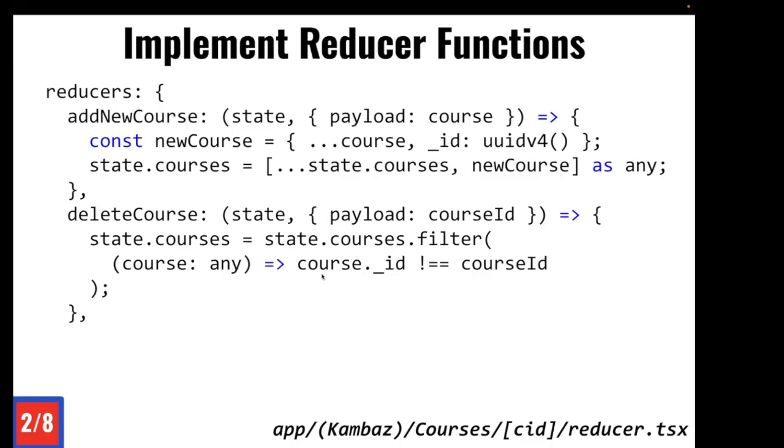Delete course is the same implementation we did in the dashboard page. We were filtering over the existing courses and removing the one that matches the ID. The way we pass the ID is through the payload. Remember that this is data being sent over from the user interface, and whatever data we pass into the dispatcher, when it calls this function from the dispatch, it packages it into an action object.